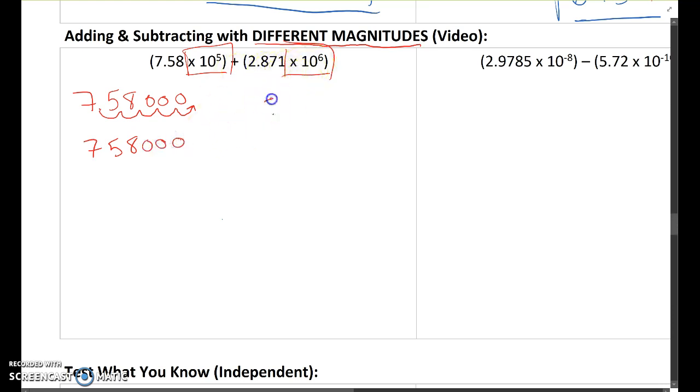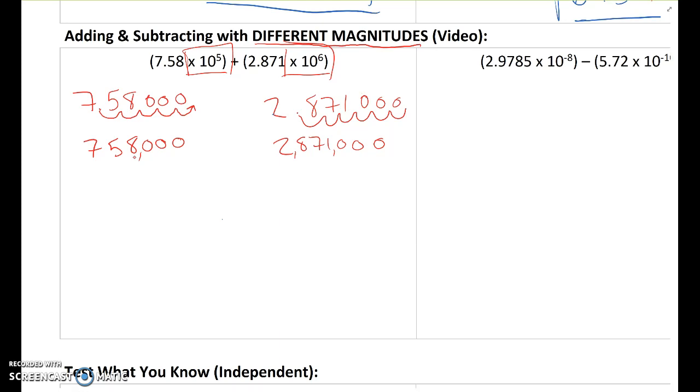And then over here I have 2.871 times 10 to the 6, which means 1, 2, 3, 4, 5, 6. So I end up with 2,871,000, whereas this is simply 758,000.